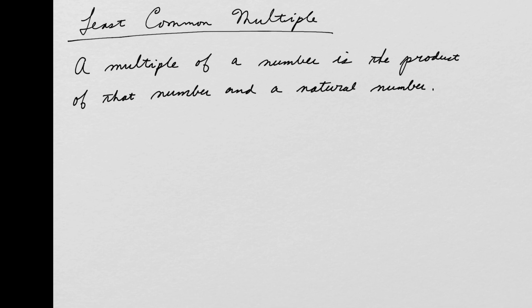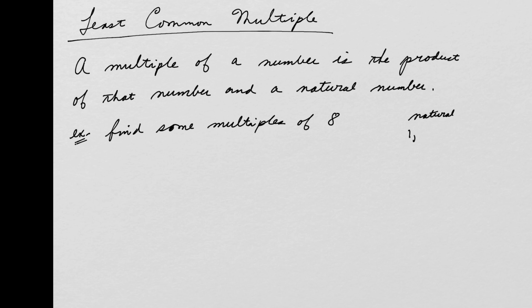So, for example, let's say I want to find some multiples of 8. Okay, so remember the natural numbers over here are the counting numbers, right? 1, 2, 3, 4, and so on. So basically, one multiple of 8 would be 8 times 1. So 8, right? 8 is also a multiple of 8.